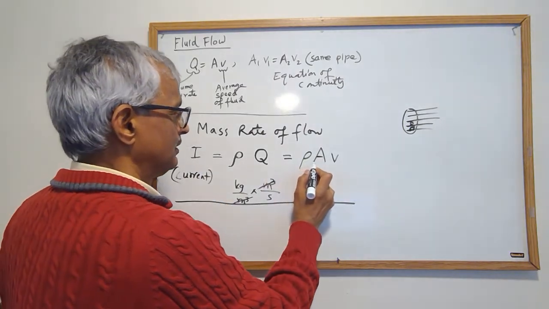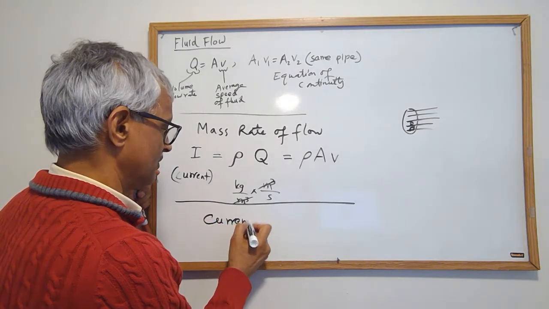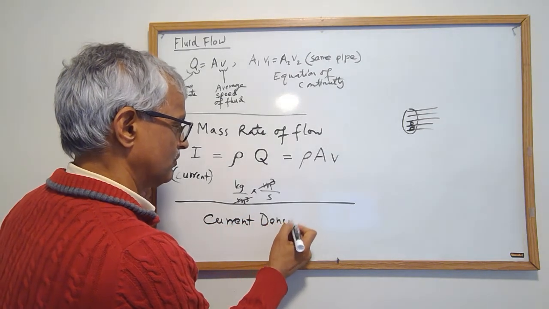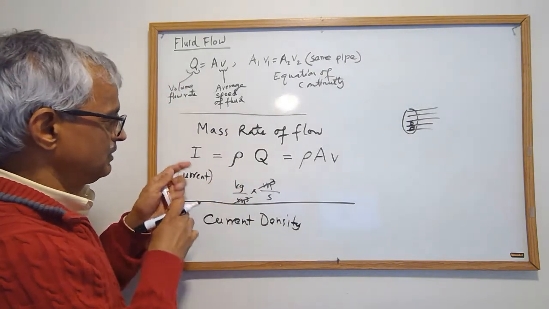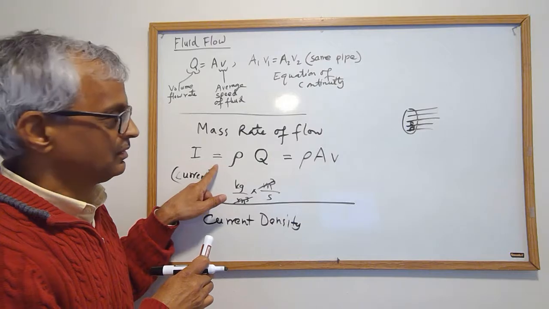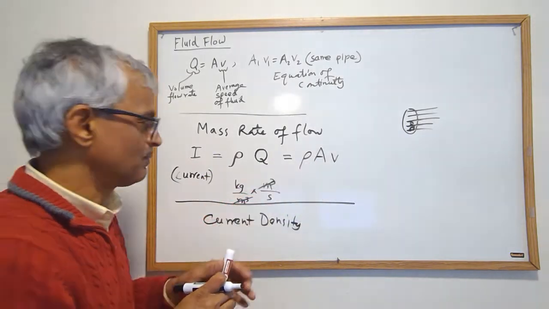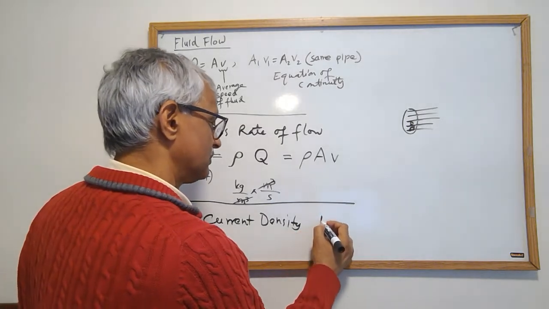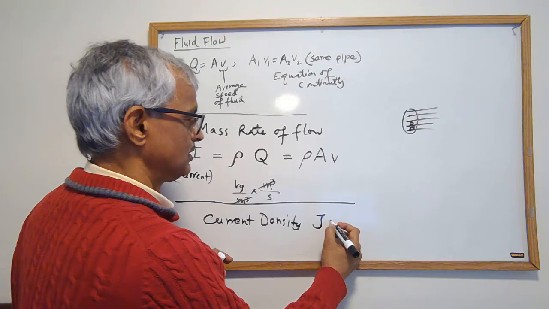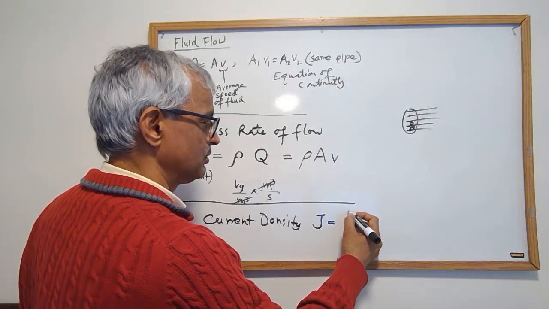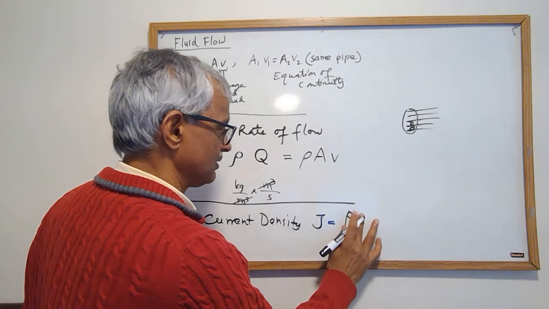So how much of this mass current is happening per unit area? There's another letter for that: J. This current density is how much current per unit area. So this is rho times V.